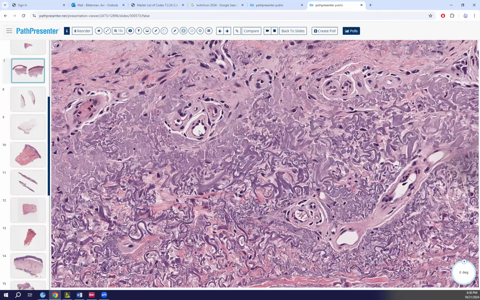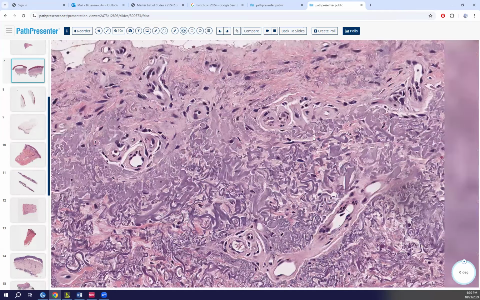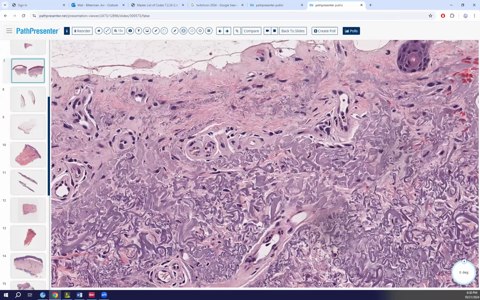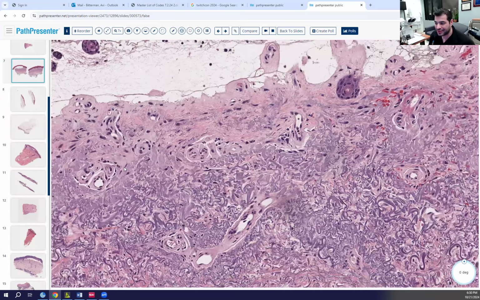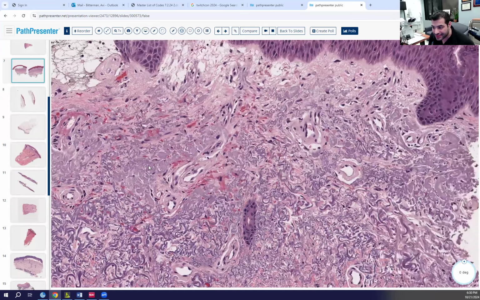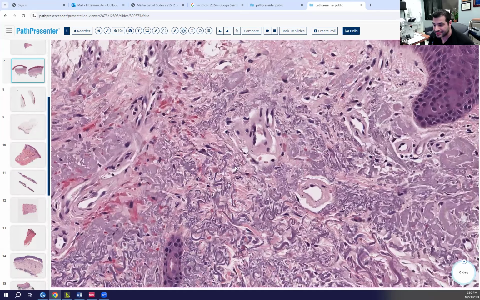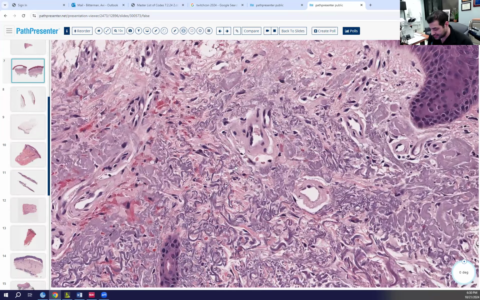I don't think there's mucin in PCT, so I don't know. What does the wall of these vessels look like? Do these look like normal vessels? They look a little bit thickened, fibrotic. Yeah, they look thickened.